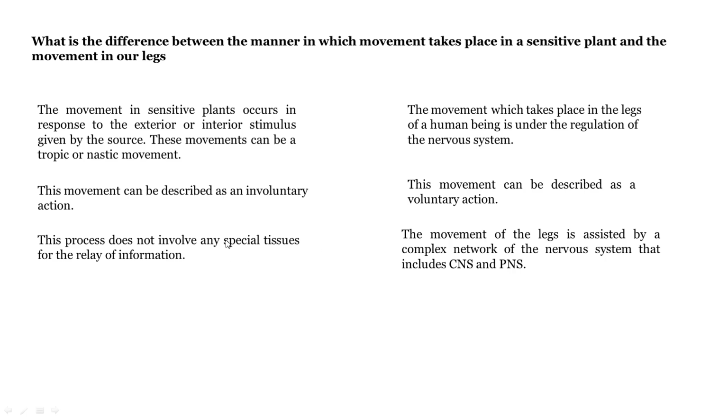So in plants there is no special tissue for information relay. Whereas in animals or humans, the movement of the leg is assisted by a complex network of nervous system that includes the central nervous system and peripheral nervous system. Because of this complex network, the movement of the leg takes place.